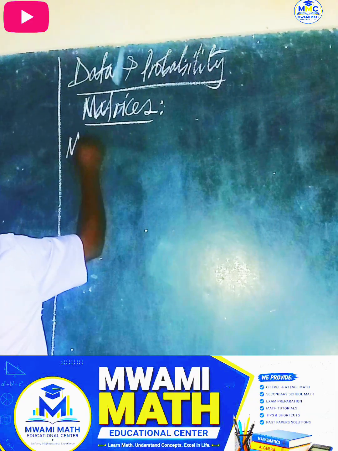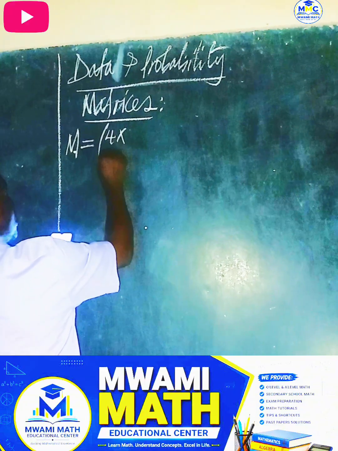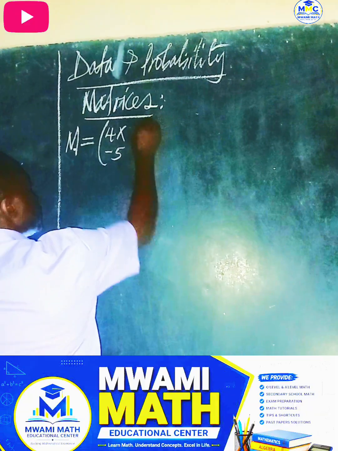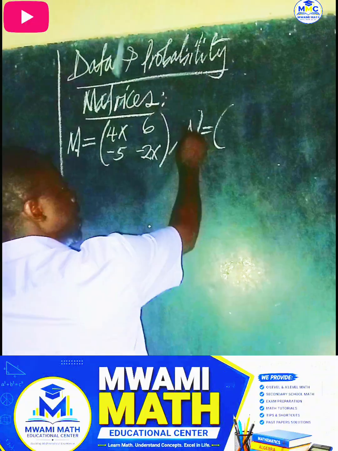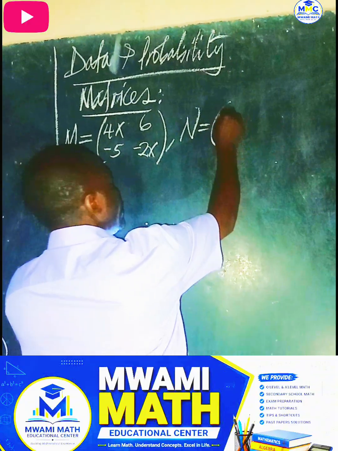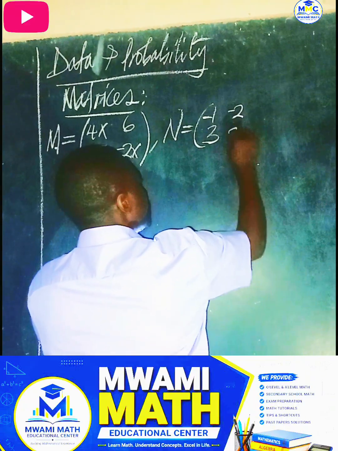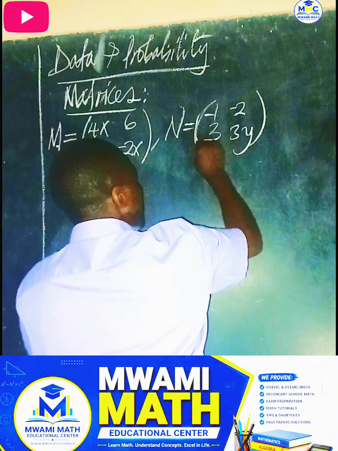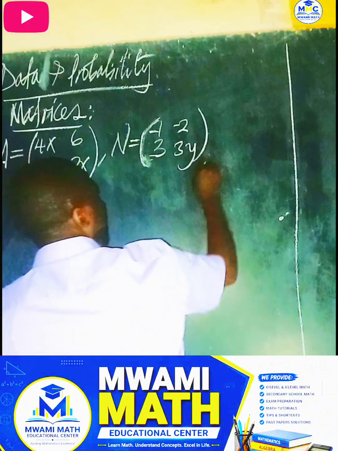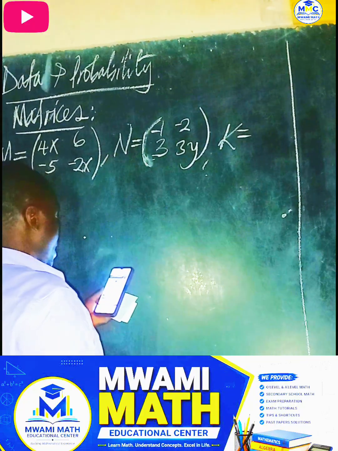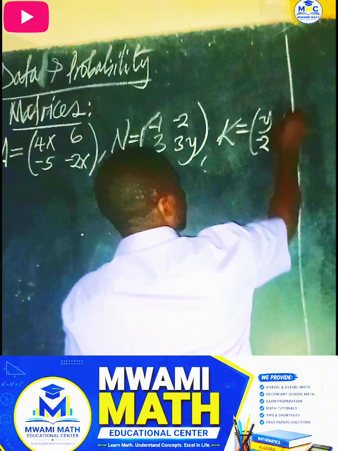But what is our M? Our M is 4x, -5, 6, -2x, while N is -1, 3, -2, 3y. Then our K is given by y, -2, 4, 12.